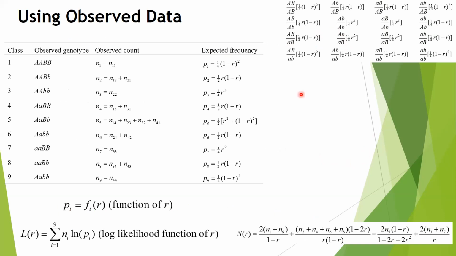Okay, and now we move to a more real situation. So in the real experiment, for some category, for example, for this one, actually this category consists of two categories, right?